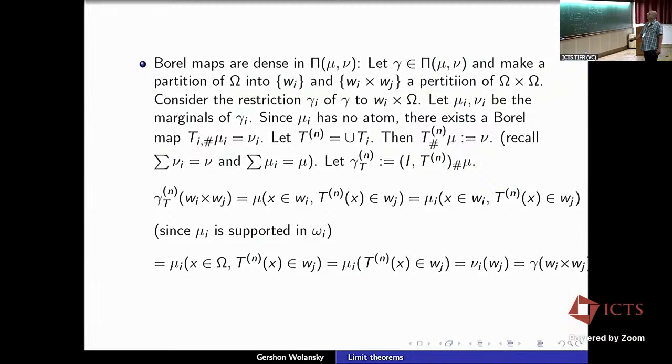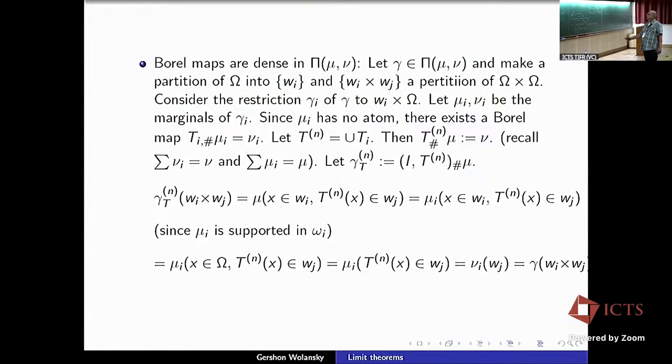And then we can remove the condition x in Wi because mu i is anyway supported only on Wi. So this is mu i of x in omega and Tn x in Wj. This is by definition just mu i of Tn in Wj, because the first condition is redundant. And this is by definition mu i of Wj.